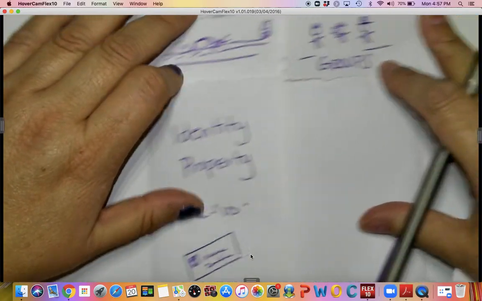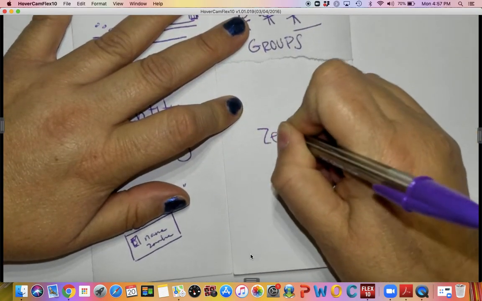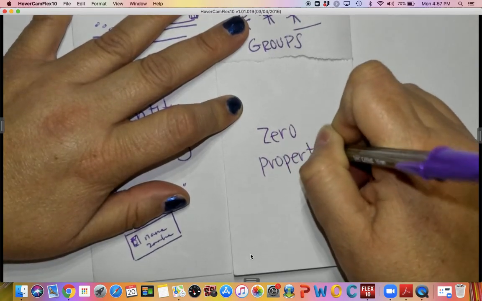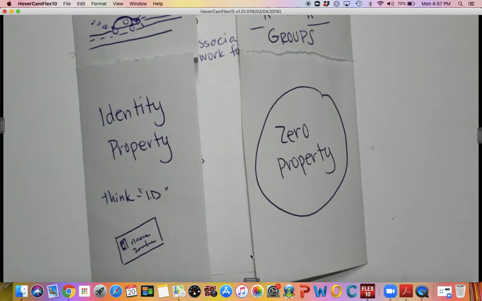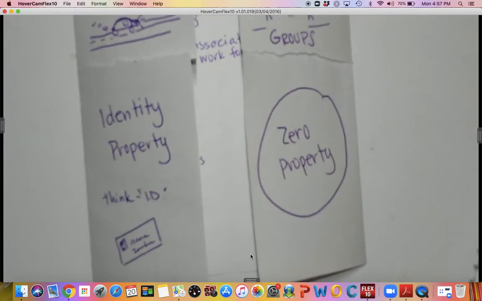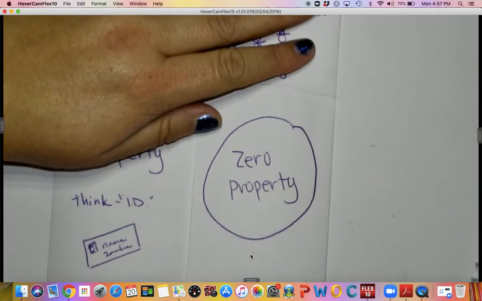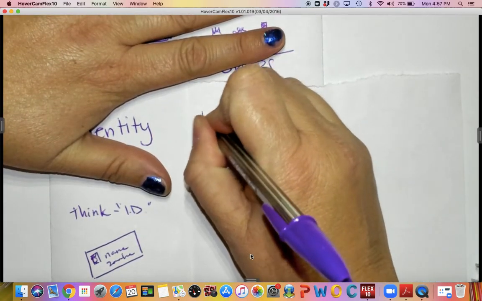Alright, we're almost done. Last one is zero property. And this is the easiest one. Zero property. I'm going to write in all caps like I'm shouting.